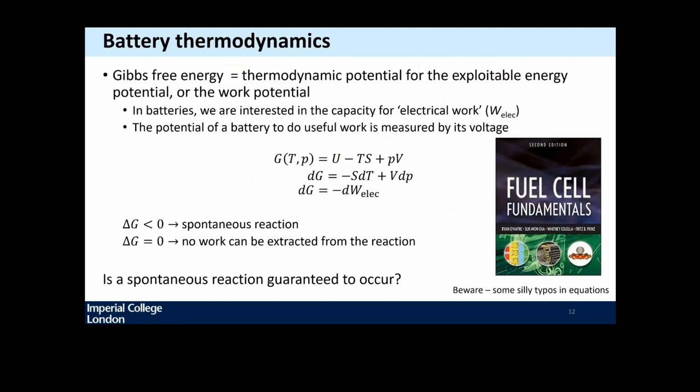Okay, so we need to think about what the electrode potentials are, and I'm sure in the rest of the course you've already encountered these, maybe not for batteries, but for other electrochemical reactions. So we use the Gibbs free energy as a way to calculate the thermodynamic potential, which gives us how much electrical work is available.